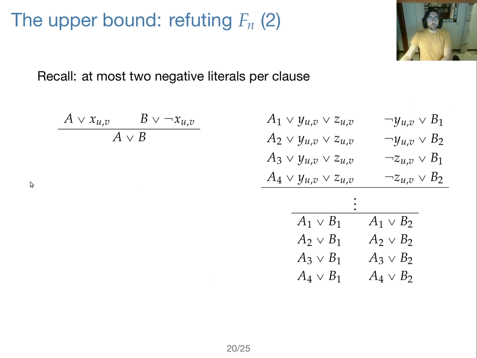What's the issue? Well, if B1 is different from B2, it means that there is a negative literal in B, so there can only be 1 negative literal in A. So A1 is equal to A3 and A2 is equal to A4. Otherwise, B cannot contain any negative literal. So in total, these clauses are at most 4, and there is a repetition in this list.